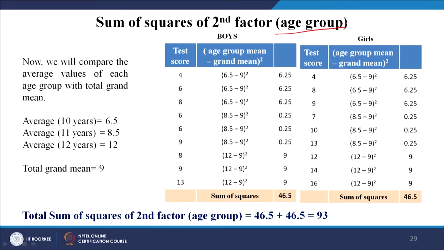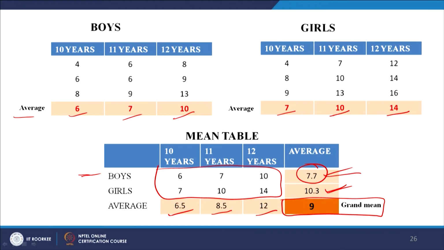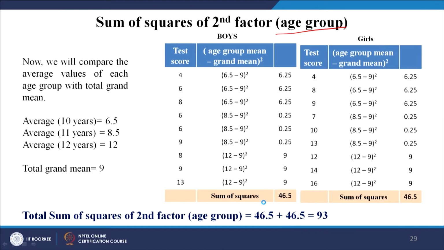Now, coming to the next, the age group. So, we will calculate the sum of square for the second factor. Now, let us go back to that earlier table. What is it? Age group 10 is 6.5, 11 is 8.5 and 12 is 12. Okay. So, I take the first one. So, 6.5 minus 9, the grand mean, square. So, this is for the first 3, then the second, 8.5, 8.5 and 8.5, right.